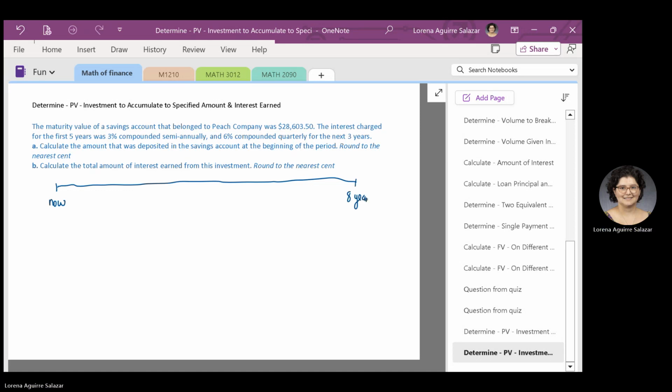The interest charged for the first 5 years was 3% compounded semi-annually. And then after the 5th year, the interest charged was 6% compounded quarterly.